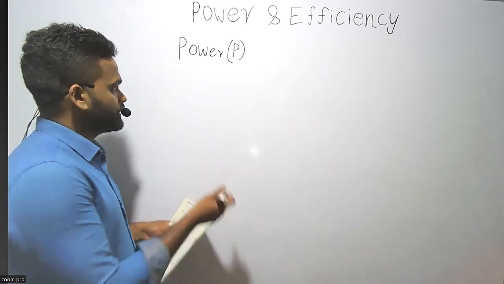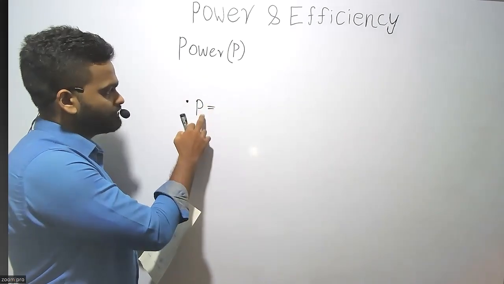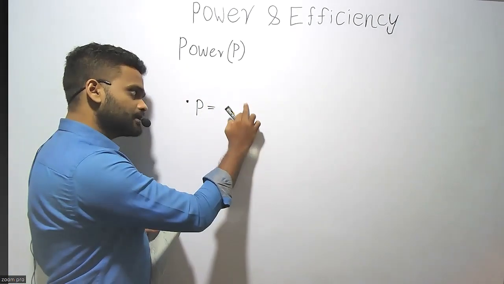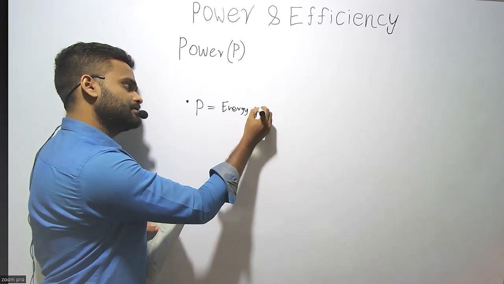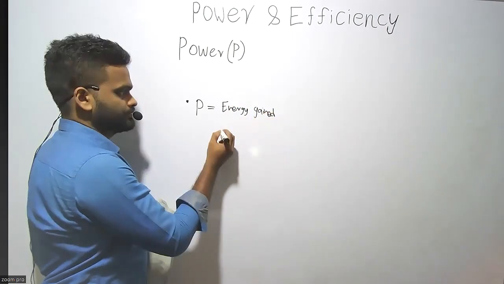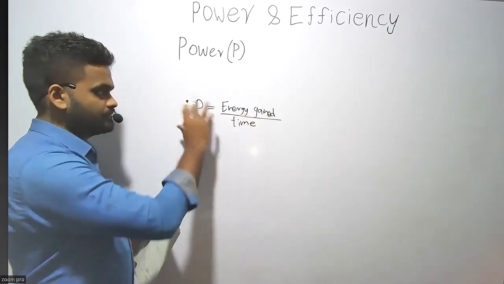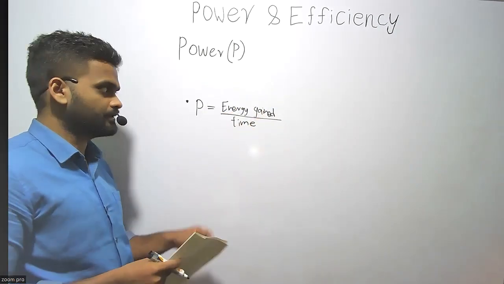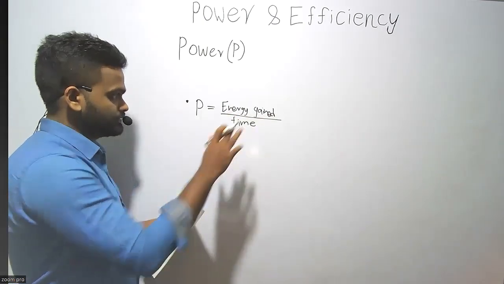So instead of work done, power can be written as energy gained divided by time, right? So this equation also can be used to find the power. Take it down.